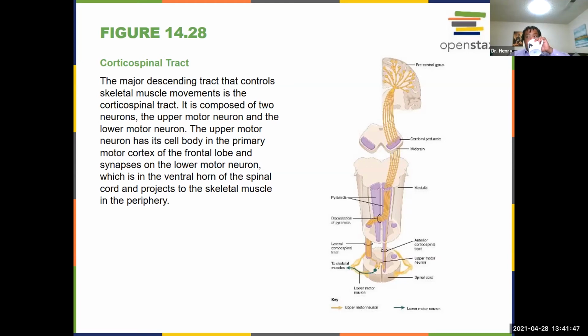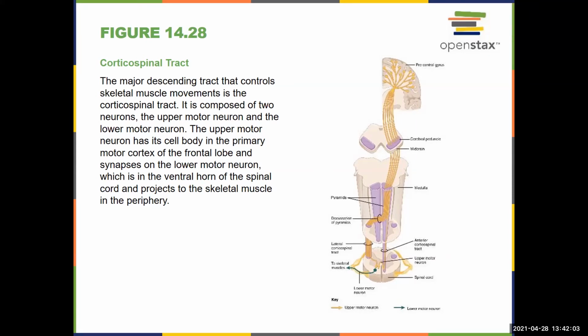Questions, concerns, Cash? There's literally a neuron from our brain all the way to our toes to control them. It's not all the way to our toes. It'll still be in the spinal cord. At the base of the spinal cord, there'll be one that goes down towards our toes.